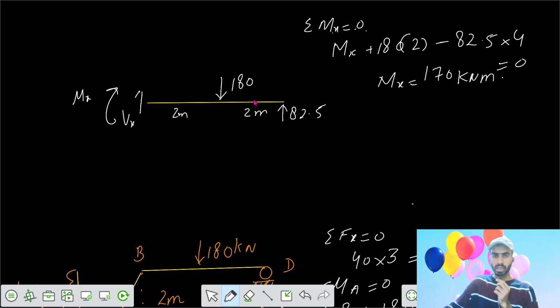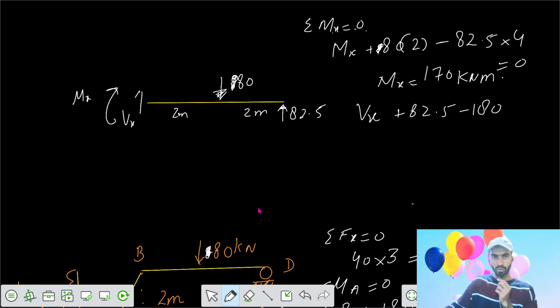Here would be the difference of the two transverse forces, 180 and 82.5. So net value, we can write summation Vx upwards plus 82.5 upwards, and your downward of 180. Is it 180? No, it was your 80 kilonewton.